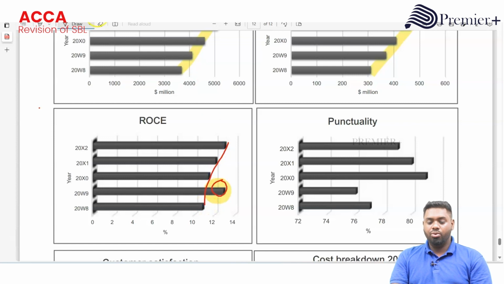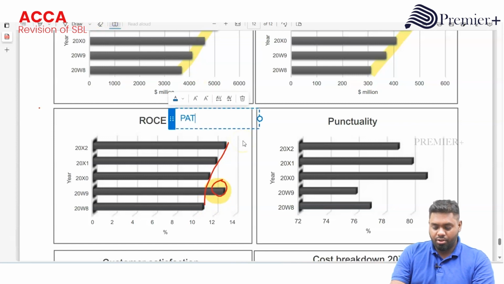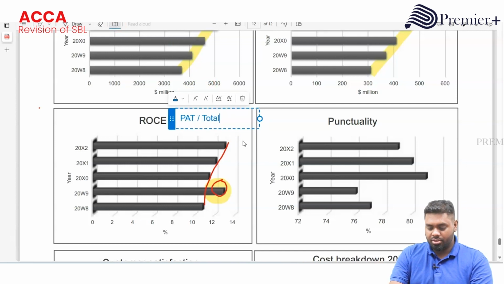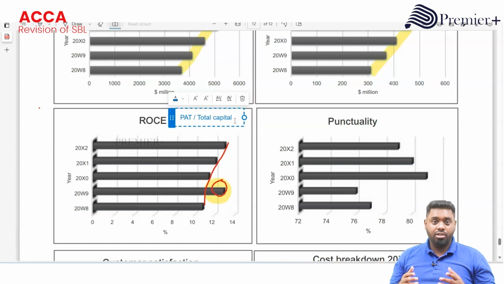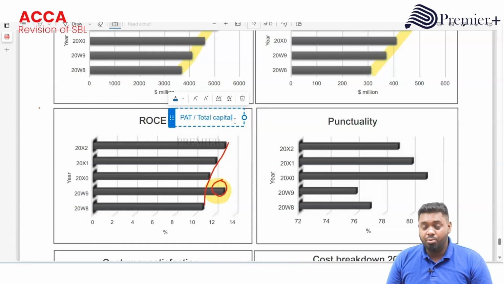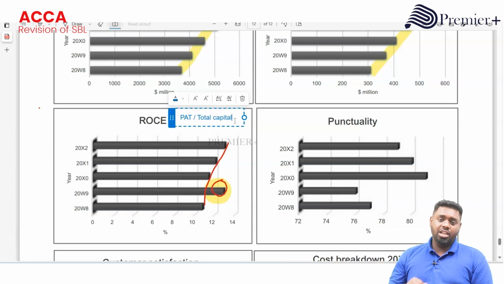Return on capital employed. What is return on capital employed? Profit after tax divided by total capital. This basically shows the profit earned by utilizing the capital obtained by the organization. The organization invests the capital they obtain and they earn profit. So what is the efficiency of using the capital?